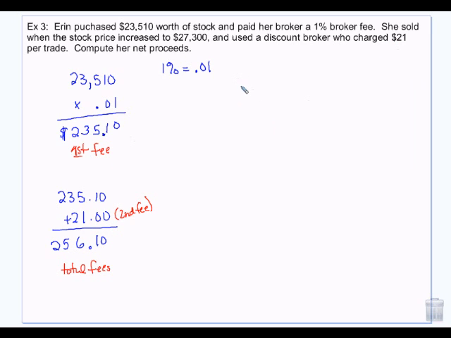She sold her stock for $27,300 and bought it for $23,510, so I'm subtracting.